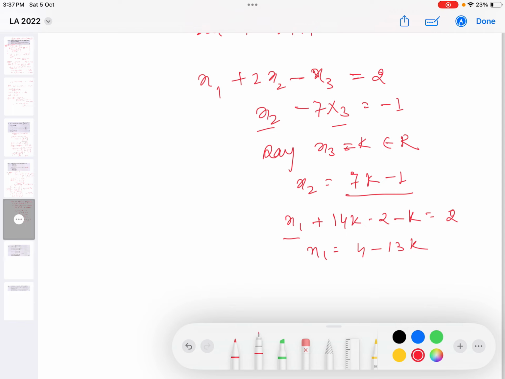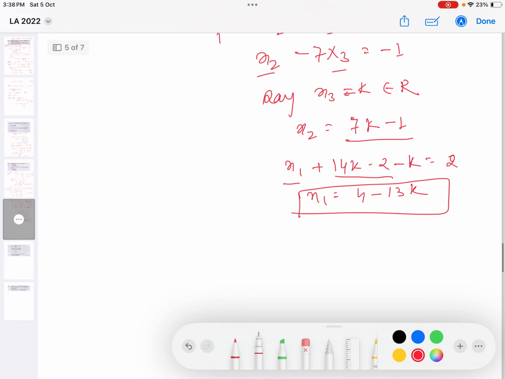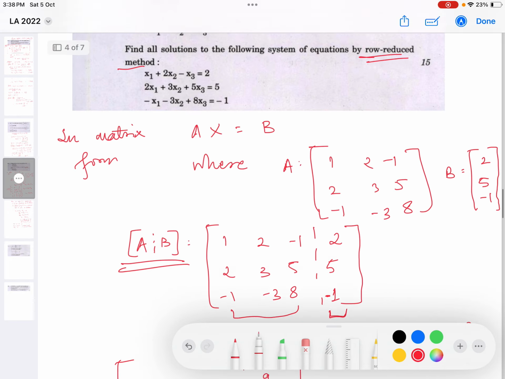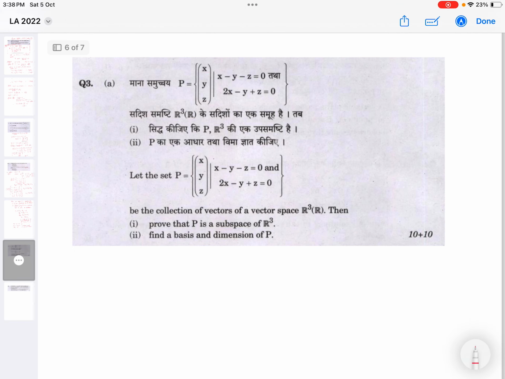Then x1, x2 is nothing but 14k minus 2k minus k is 2. तो 13k, so x1 is 4 minus 13k, x2 is 7k minus 1, x3 is k, where k belongs to some real number. We are dealing with real numbers only. Yes, so we are done.